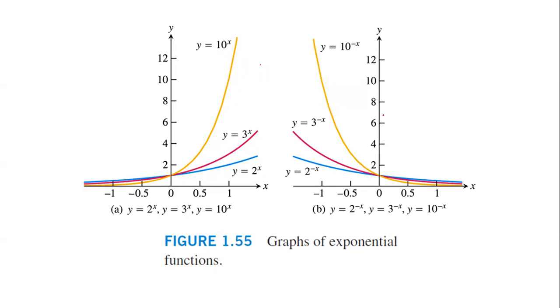We get these graphs. So this is y equal to 2 to negative x, and this is y equal to 3 to negative x, and this is y equal to 10 to negative x. Okay? So you can see that it will decrease.